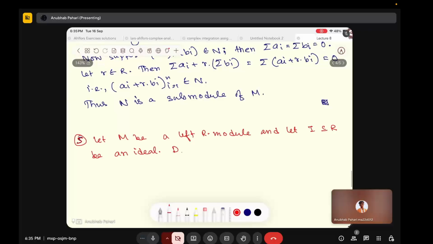Define IM equals the set of summations over k in K of a_k·m_k, where a_k belongs to I and m_k belongs to capital M, and also the size of K is finite.